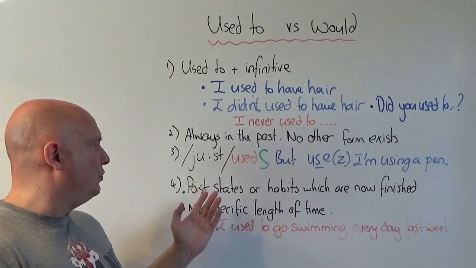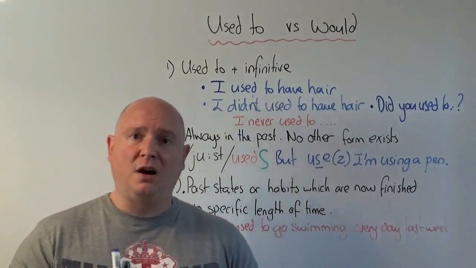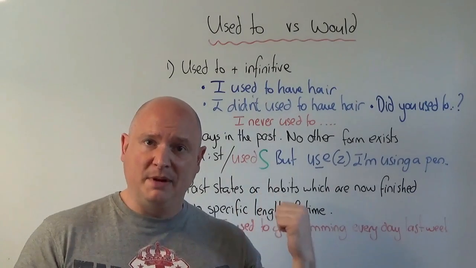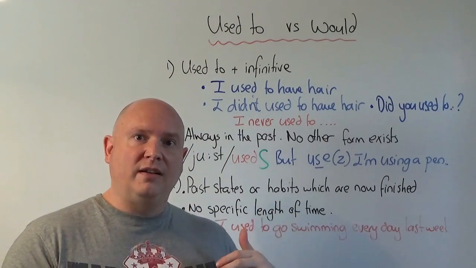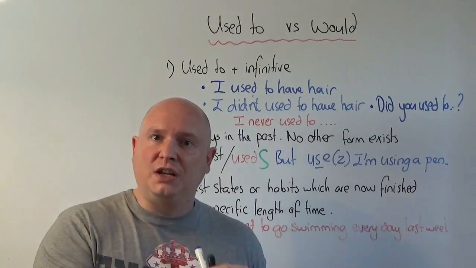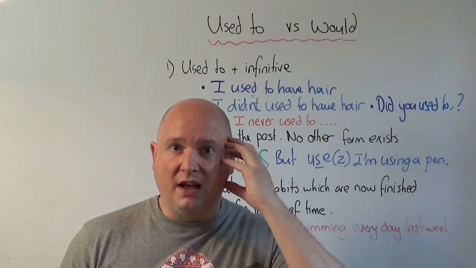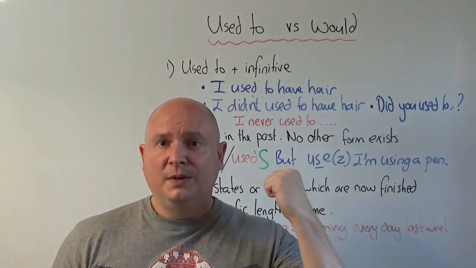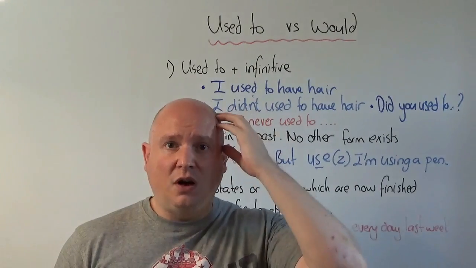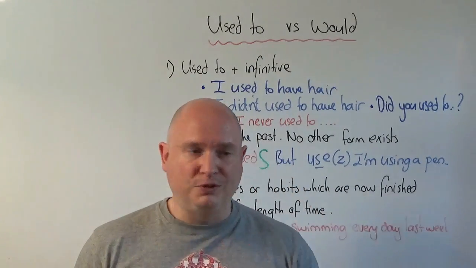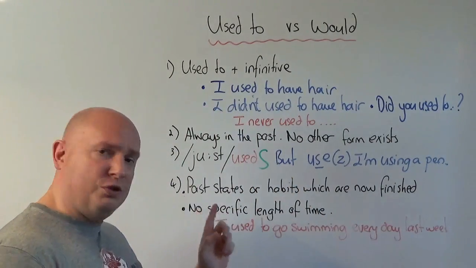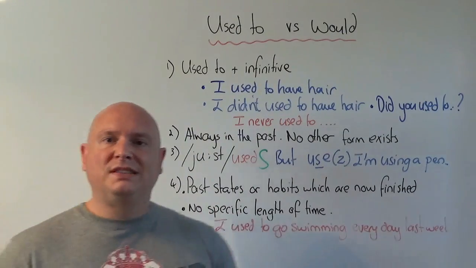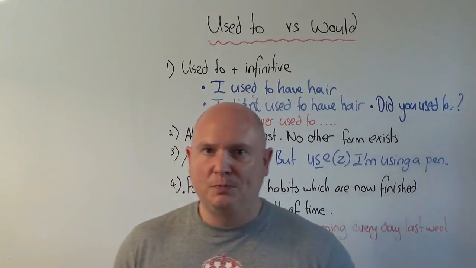Used to we use to talk about past states or past habits which are now finished. Something has changed. So I used to have hair, that's a past state, but something changed and now I have no hair. That's important. And also, there is no specific length of time.